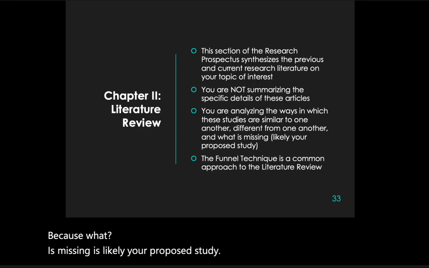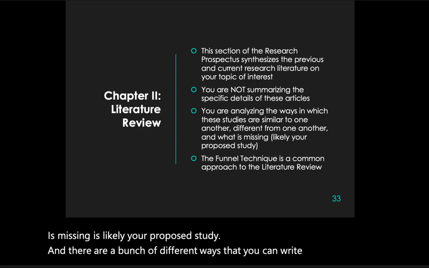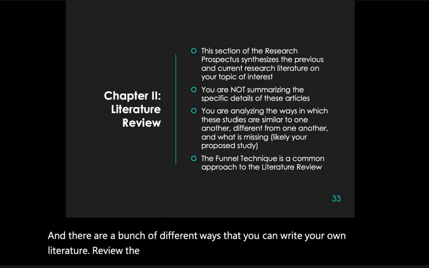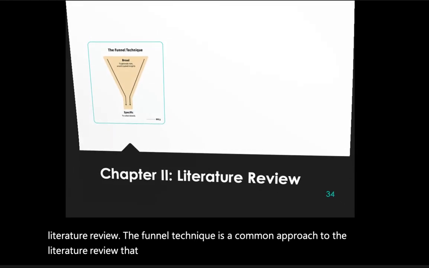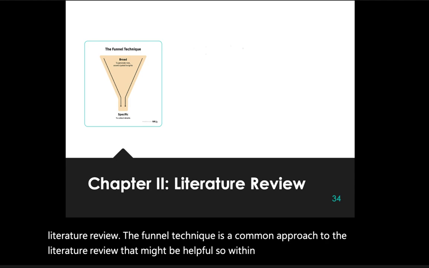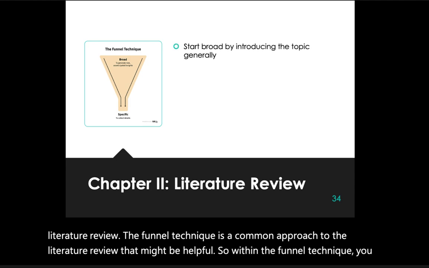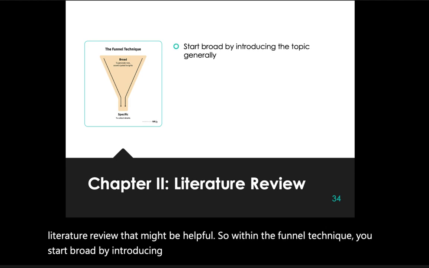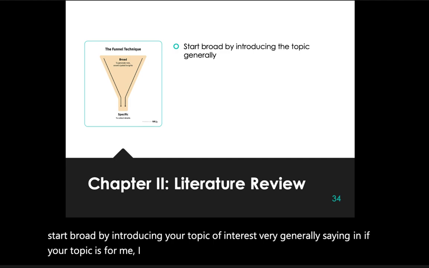And there are a bunch of different ways that you can write your own literature review. The funnel technique is a common approach to the literature review that might be helpful. So within the funnel technique, you start broad by introducing your topic of interest very generally. For me, I do a lot of research on suicide.